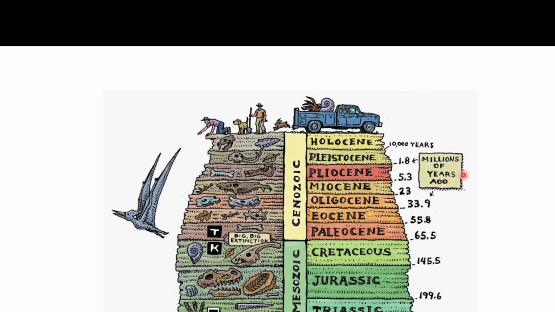So each era is depicting many periods: Holocene, Pleistocene, Pliocene, Miocene, Oligocene, Eocene, Paleocene, just separated by millions of years ago, or MYA. That is often denoted for these eras.